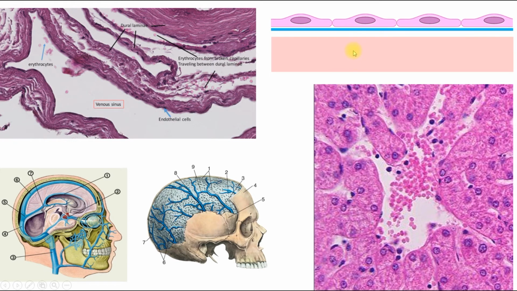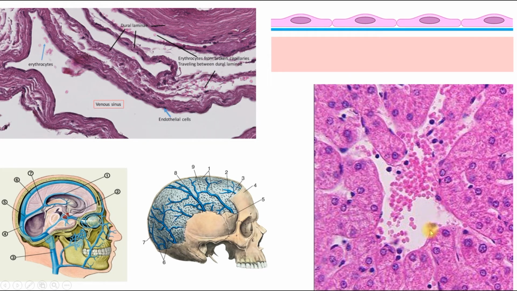So muscles aren't required in brain veins, and also in some liver veins, like the central veins of liver lobules. They also are amuscular. In those cases they are composed of endothelium only, and the subendothelial layer is almost invisible.